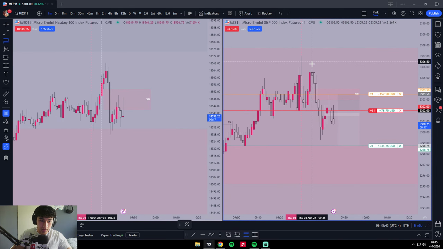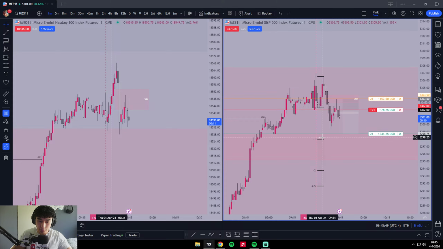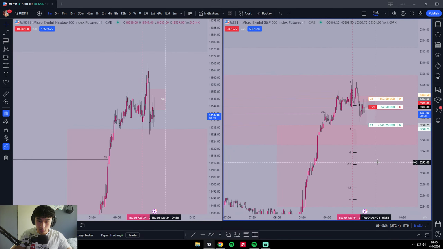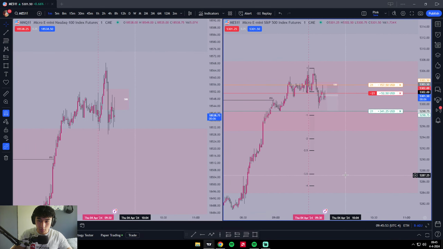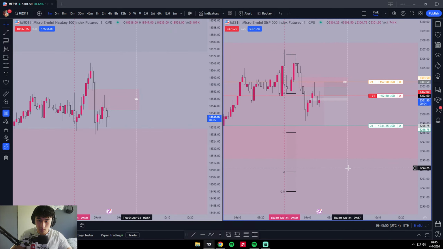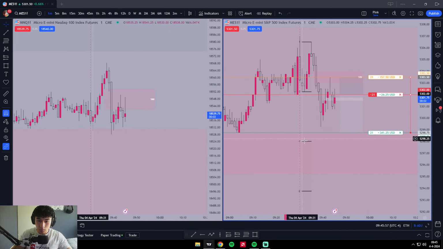Let's look at this leg here. We do have an SMT there. So let's look at this as a manipulation leg. So -1 standard deviation. And then I think these are too low. Oh, sorry. Here. Let's keep this on here.